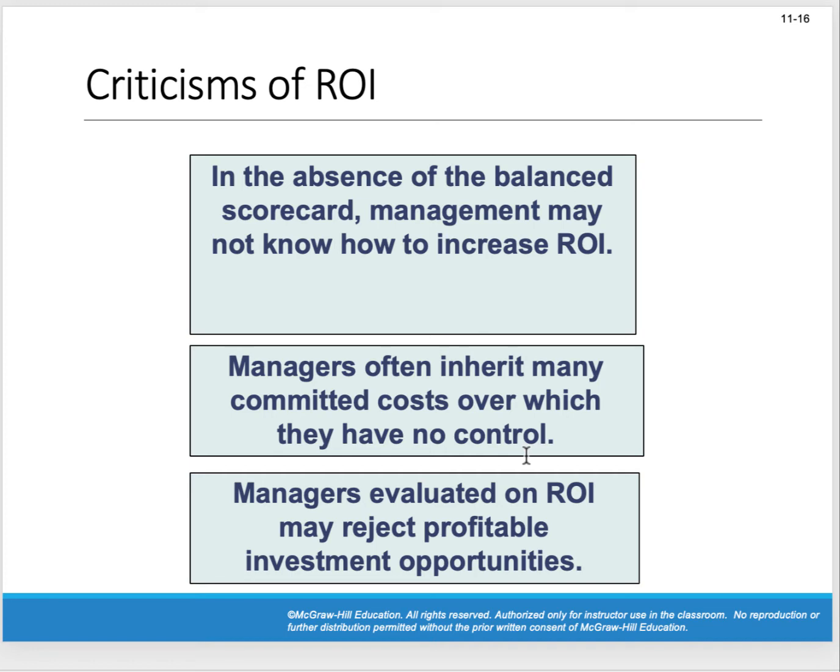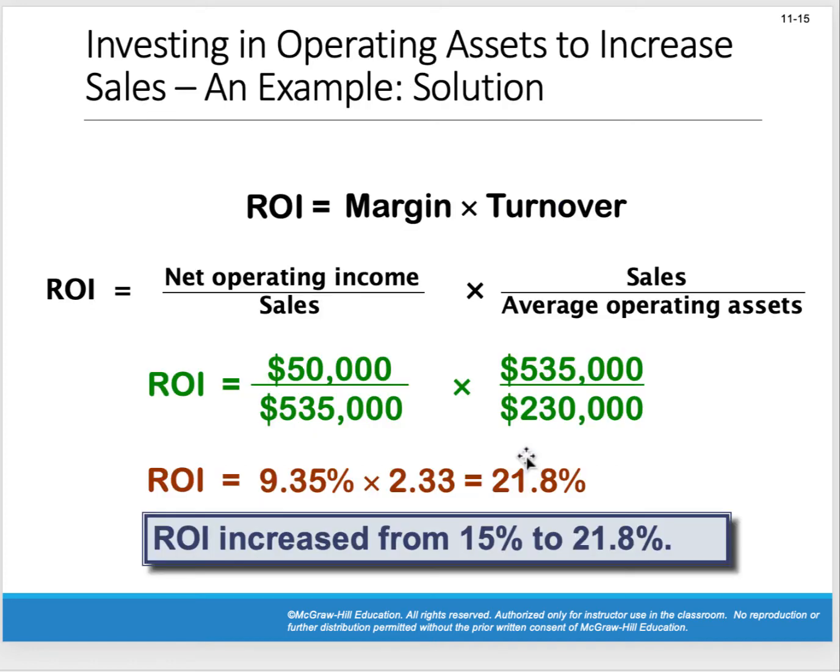So in order for ROI to really be important for us and to really offer us value, we need a balanced scorecard, okay? Why? Because we might not know how to increase our ROI, right? If I said to you, based on this, how do we increase our ROI? Well, an increase in sales would help, right?